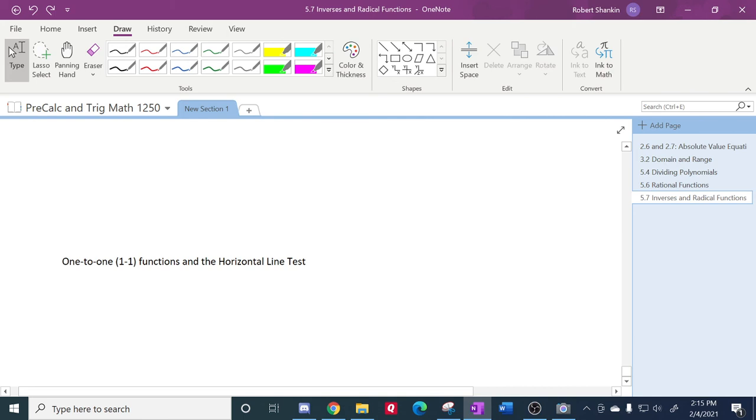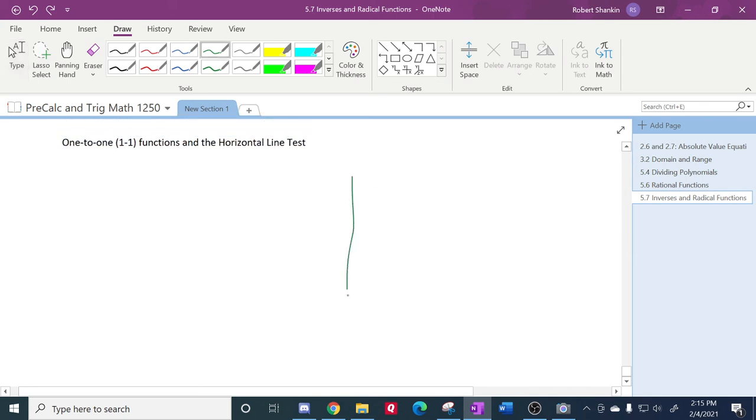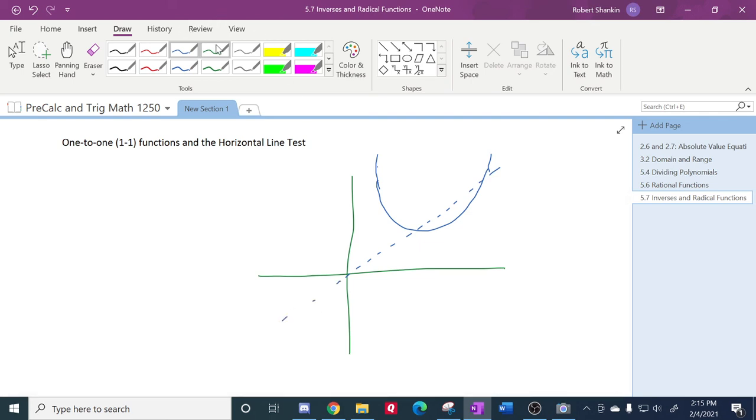If I have a function like this, if I had an upward parabola and I reflected it across this, what I would get would be a sideways parabola.